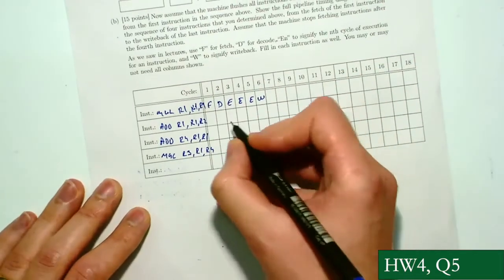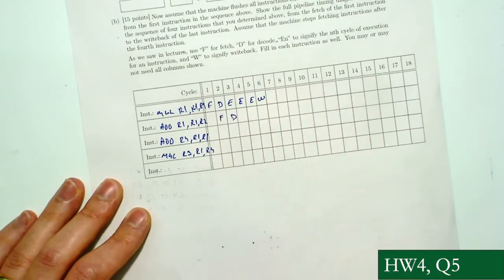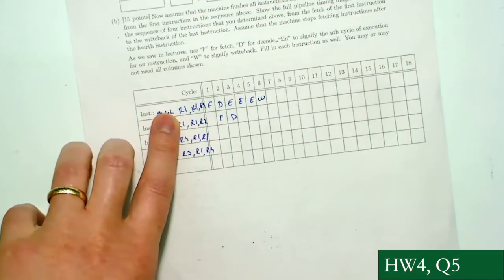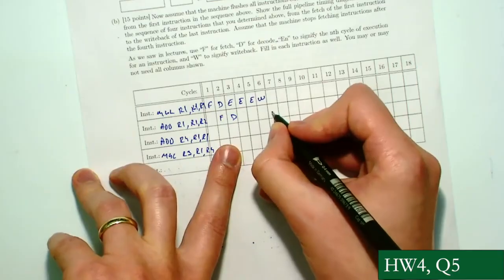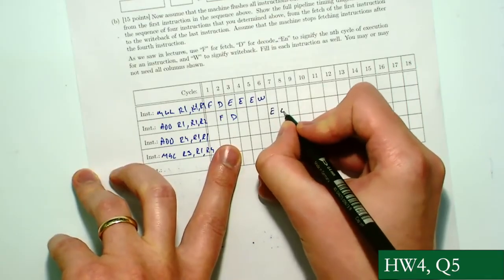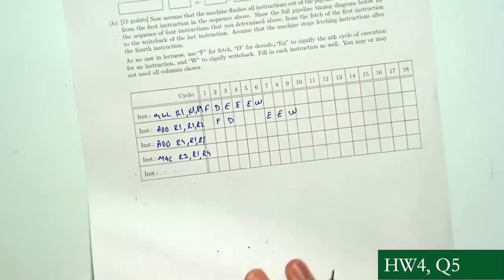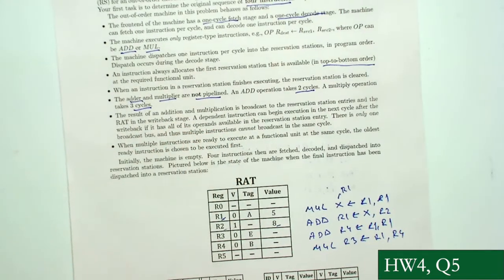The second instruction, we can fetch here. We can decode and dispatch here. But since it has dependency, it has to wait until the end of the write stage to execute. So it will start executing here and we'll do write back. So in the question, this information will always be provided.